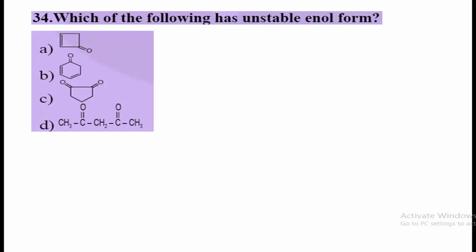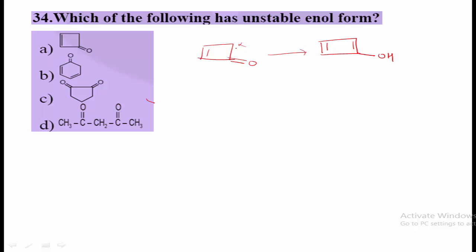If you see the first one, this is the structure of the keto form, option A. Now what would be the enol form of this? If you consider this one as alpha hydrogen atom, it becomes like this.